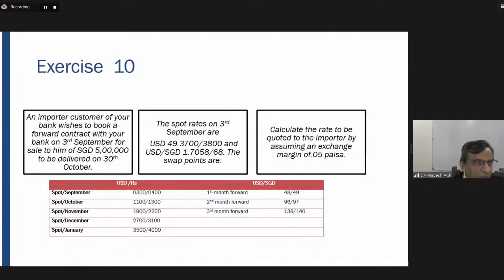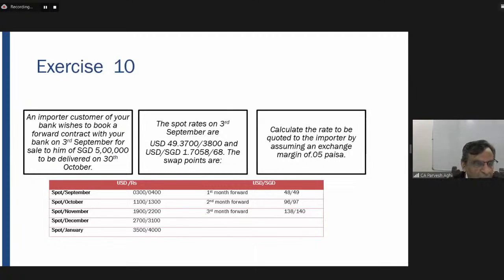Now, you can observe here that this is given in a reverse fashion. Okay. So reverse connection, which says that it should have been actually a rupee dollar quote. So this is a dollar rupee quote. Anyway, no problems. So we should look at this October month rate. Okay. And USD Singapore is also given, and 2 months forward would be the relevant one. Okay, 96 oblique 97.